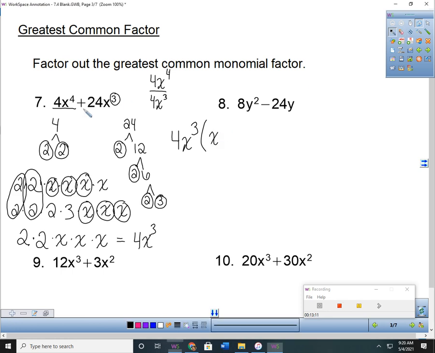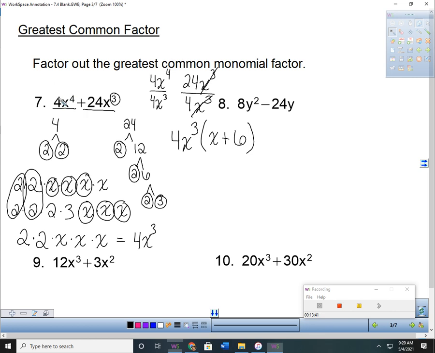Now I'm going to take the second term and do the same thing. So 24x to the third divided by my common factor, which is 4x to the third. So 24 divided by 4 is a positive 6. And then when your x's match on top and bottom, they just cancel out. Now notice, in my parenthesis, I have 2 terms.